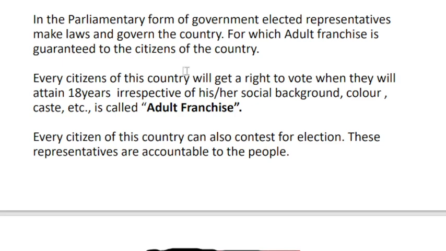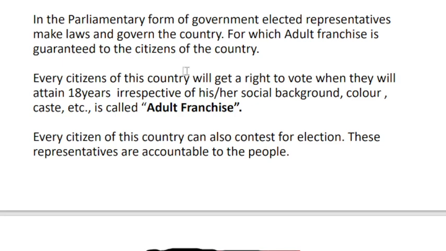These elected people represent their particular constituency or area in parliament or in the assembly. They represent the people at various levels of government, and those representatives have the right to take decisions which are good for the people.